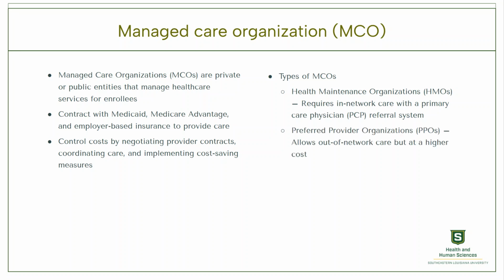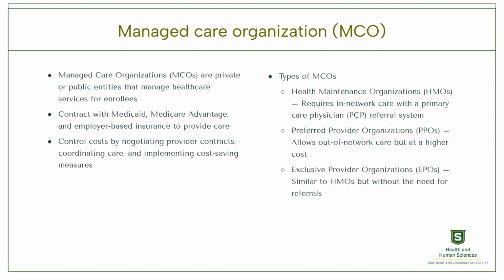Then you have the PPOs, the preferred provider organizations. This allows enrollees to seek out-of-network care, but at a higher cost in terms of premium. Your premium on the PPO is higher than your premium on the HMOs.